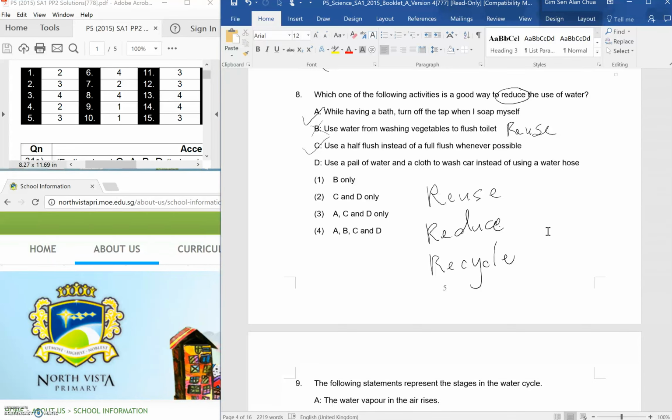Use a pail of water and a cloth to wash instead of using a water hose. Yes, you are reducing. You are not reusing. It's just that you are using less. So the whole idea of reduce is to use less, isn't it? So that gives us A, C, D, answer number 3.